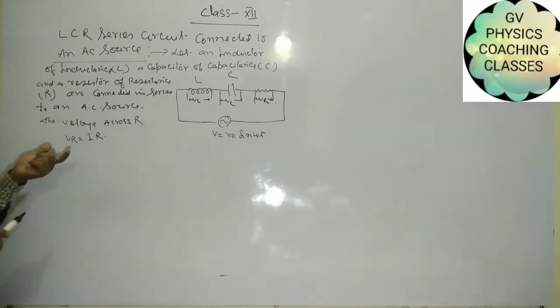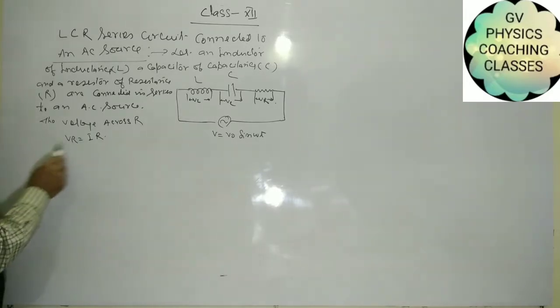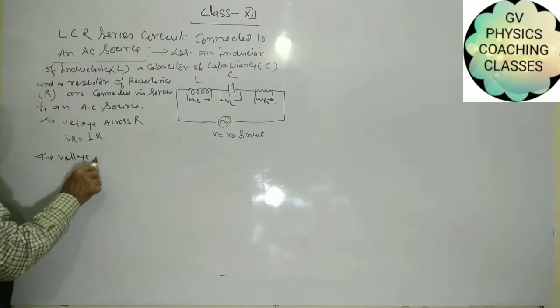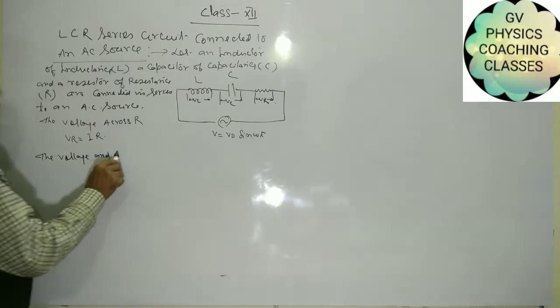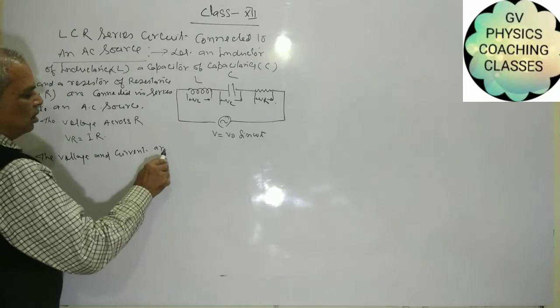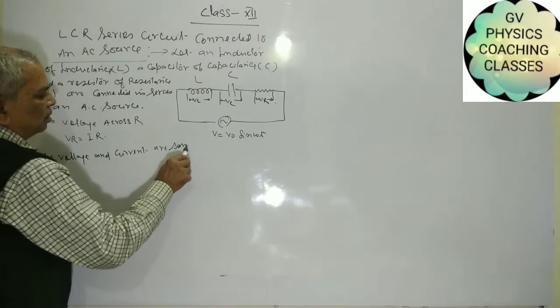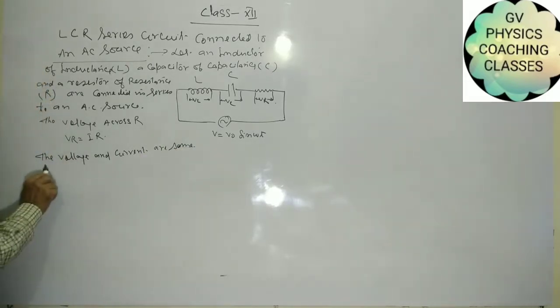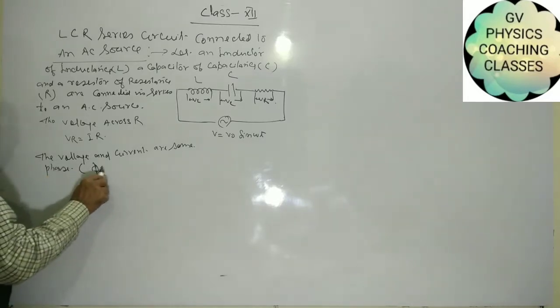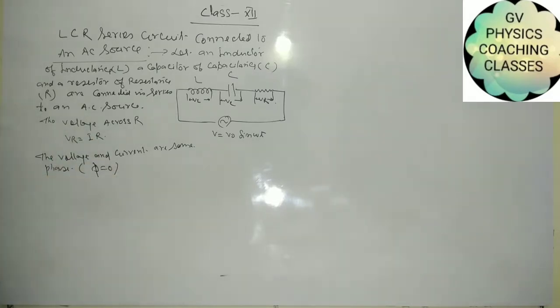The current and the voltage are in the same phase. It means there is no phase difference, the phase difference is 0.